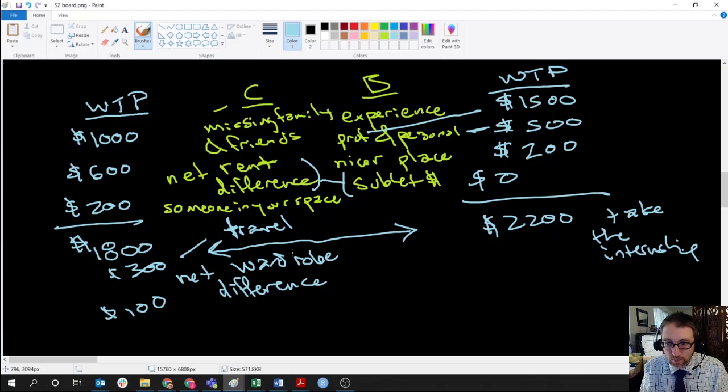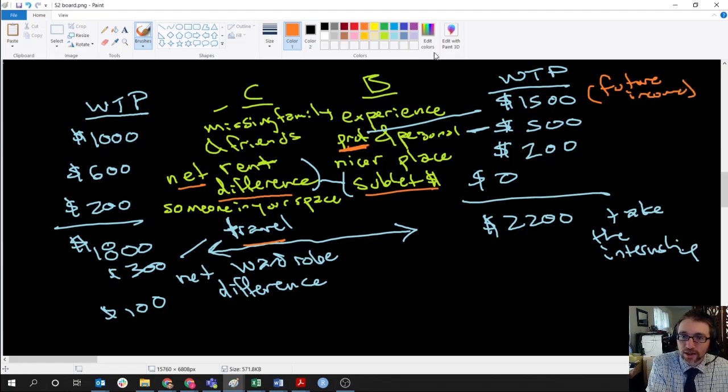So, one of the things that I want you to notice is that what we've accounted for is not just the monetary costs and benefits, which include the net rent difference, right, and maybe travel, as well as sublet money. And probably the professional experience also counts as monetary, right? Because this is like future income.